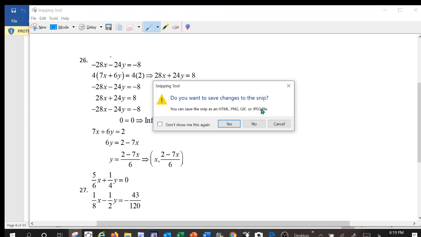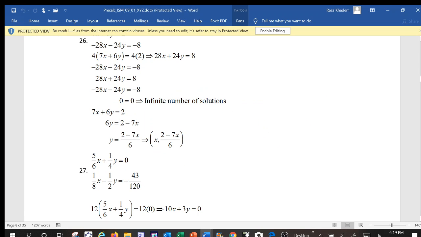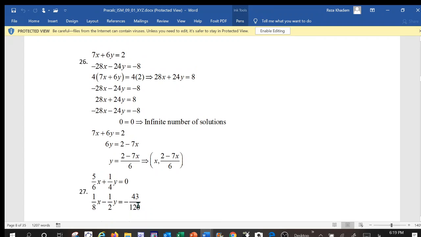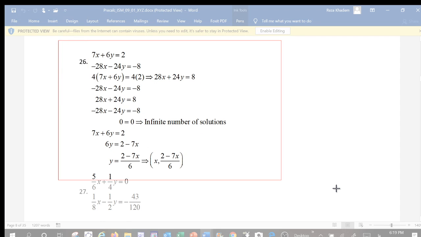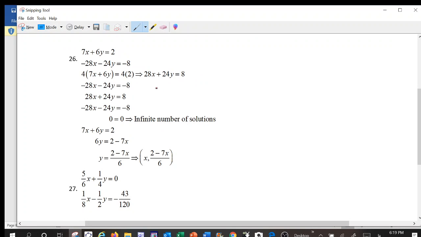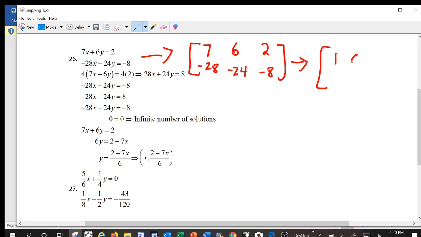Wait a minute. Did I pick everything? No, I didn't. There you go. So let me pick all of it. Okay, so this is the system. So what we want is 7, 6, 2, and -28, -24, and -8. We want to convert it to that form if possible, right?